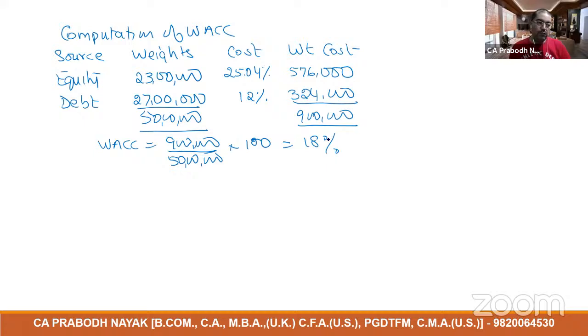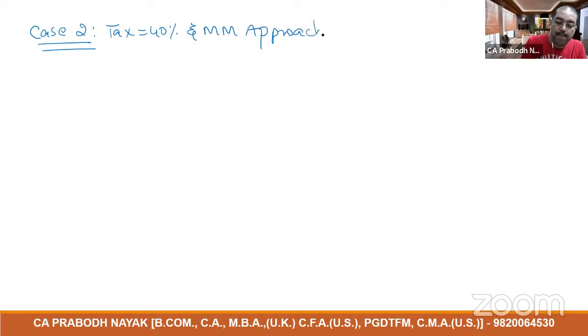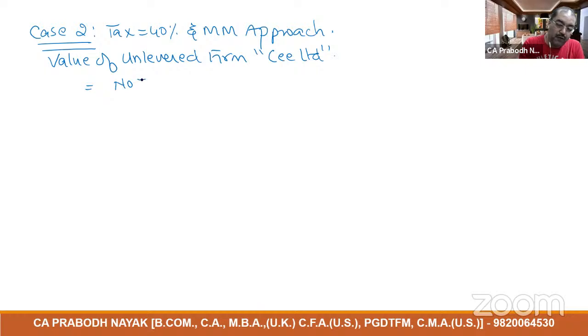Okay. Now let us do the second part of this, where rate of tax is 40%. So tax is 40% in the MM approach. Value of unlevered firm, C Limited, is equal to net operating income.